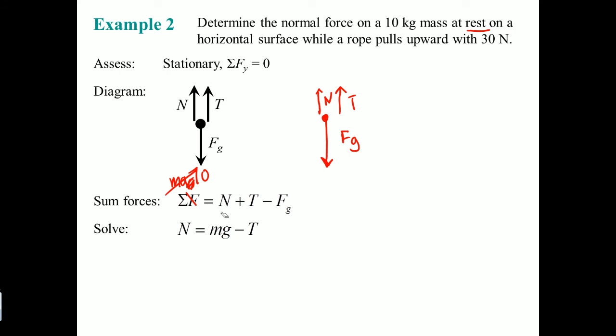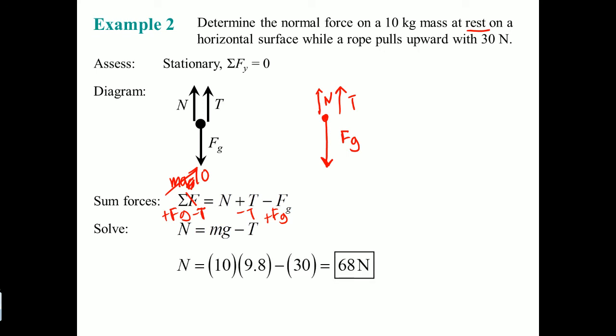We add FG to the other side and subtract T from both sides. That's how you get N is equal to FG minus T. So substitute mg for the force of gravity and plug in the tension, and you get 68.